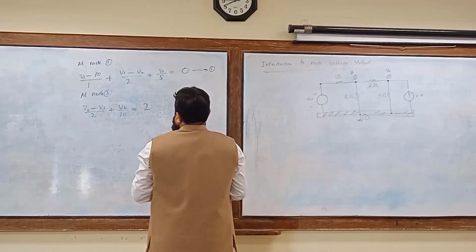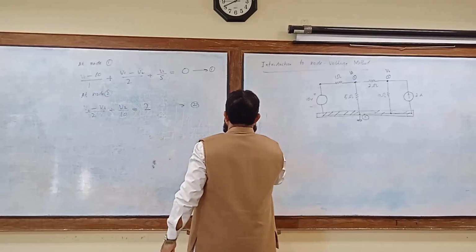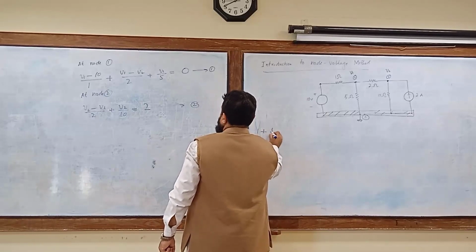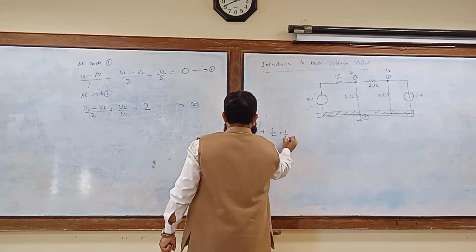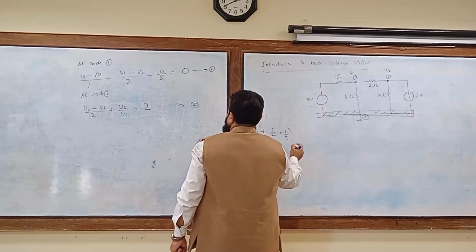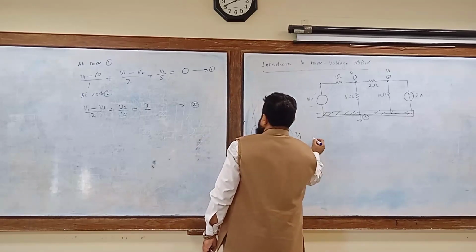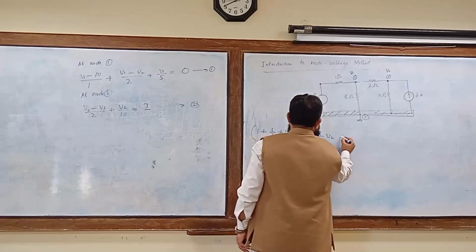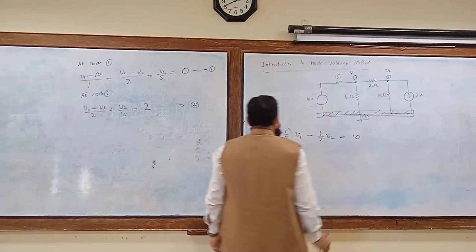So now simplifying and rearranging these equations, we can see here that we have (1 plus 1 over 2 plus 1 over 5) into V1 and minus 1 over 2 into V2 is equal to 10.